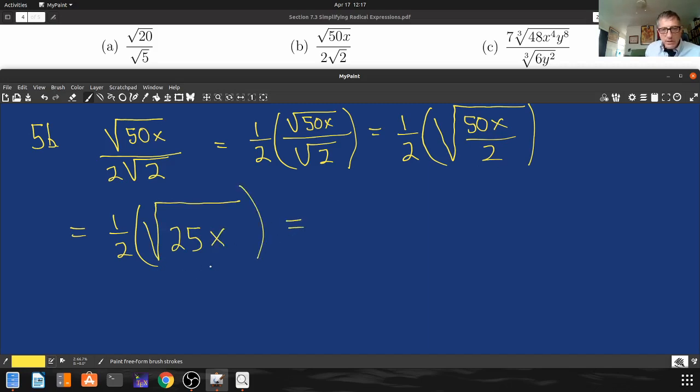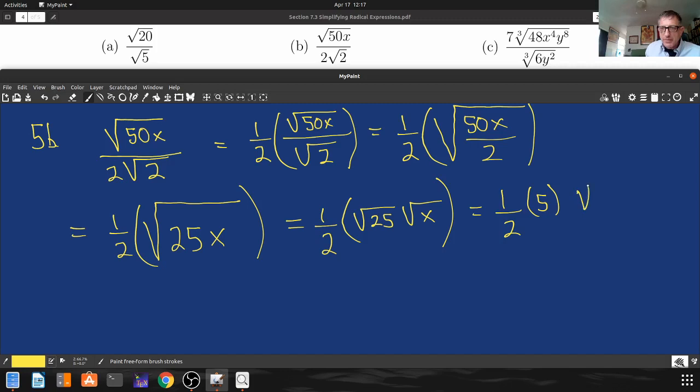So now literally all I have to do is simplify what's in parentheses. So that's in parentheses the square root of 25 times the square root of x. So that's 1/2. The square root of 25 is 5, and the square root of x cannot be simplified. So our final answer is 5/2 times the square root of x.